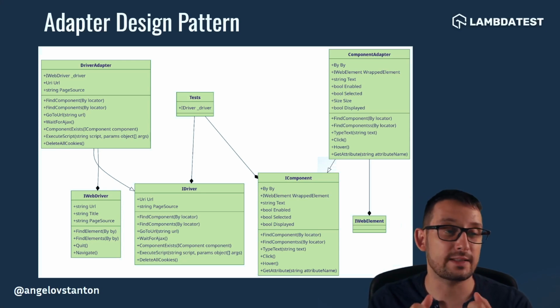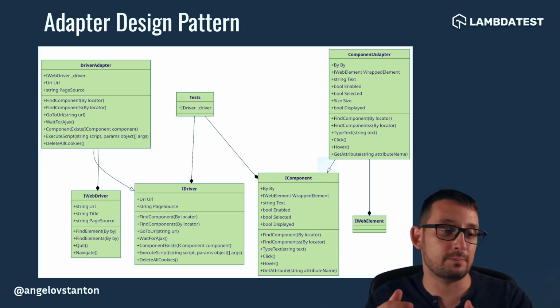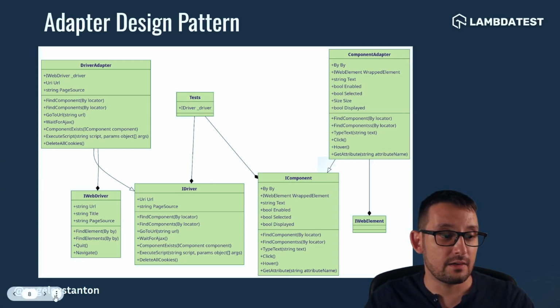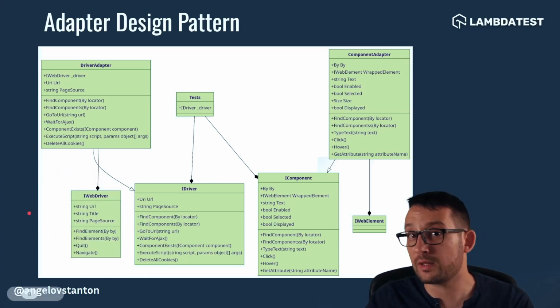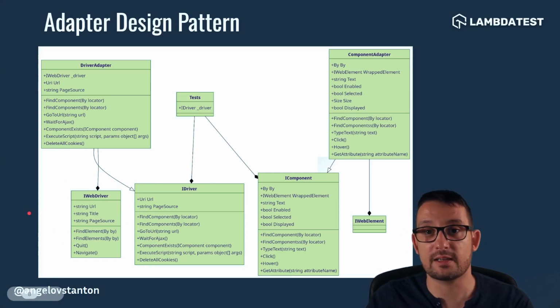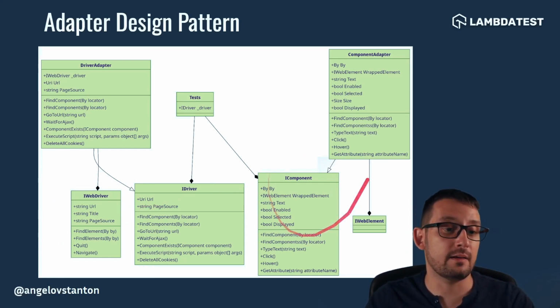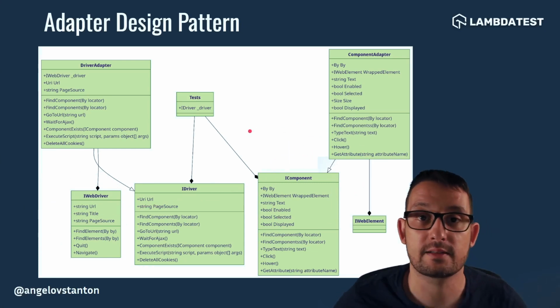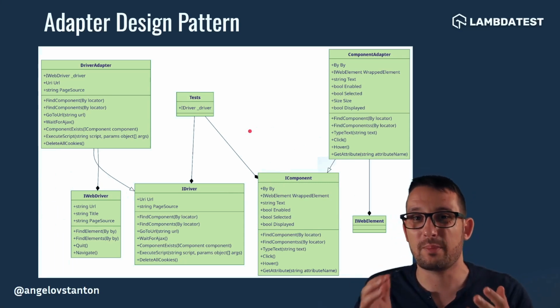It will help us to adapt the IWebDriver interface here. It will help us to add new methods or change their signature, and especially for the components, since this video is about the web core components.